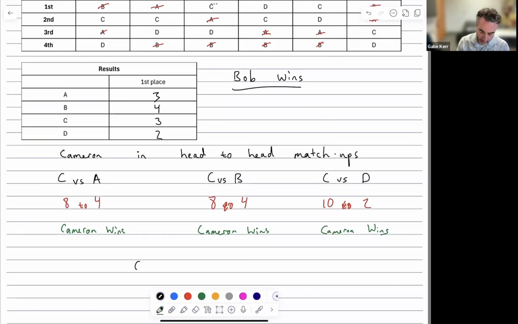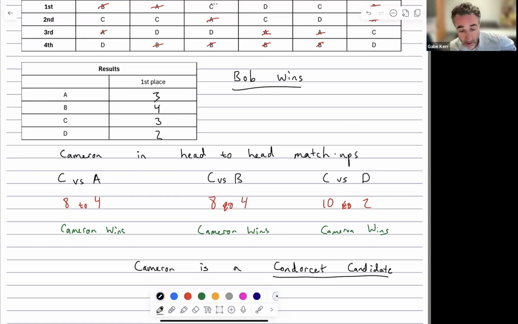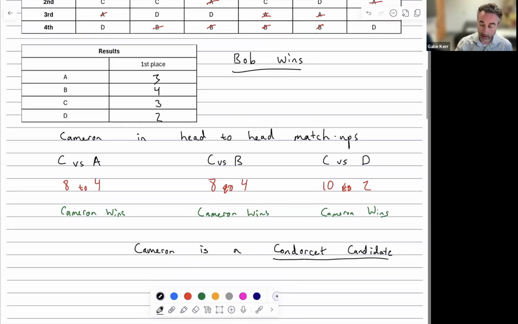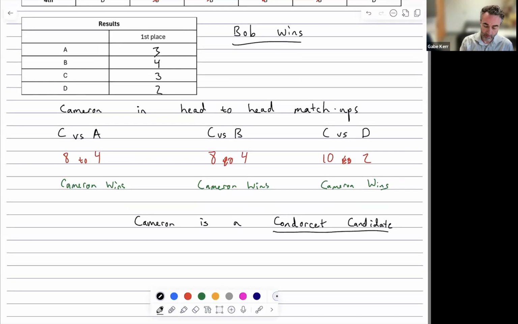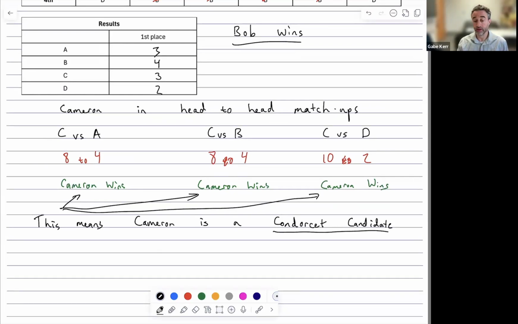So Cameron is a Condorcet candidate because she is winning versus each of the other candidates. So I'll just say this means that when we match her up to any other candidate, she wins. This means that she's a Condorcet candidate.